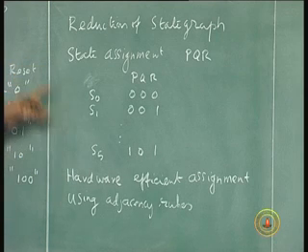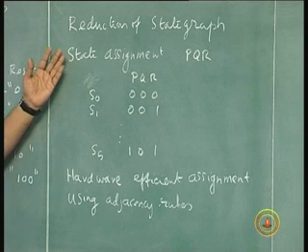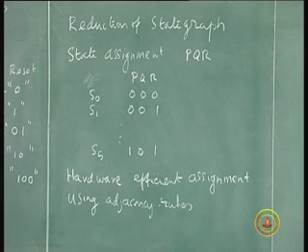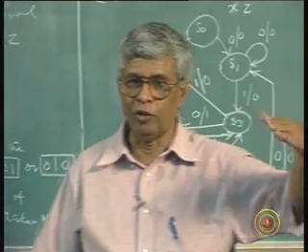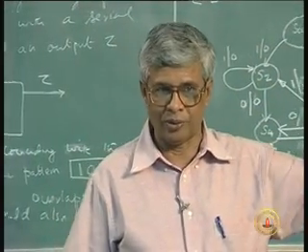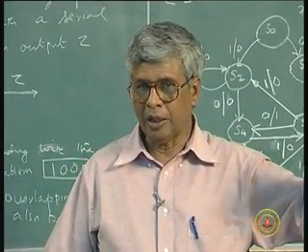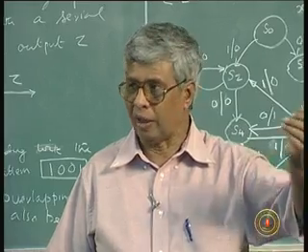This will reduce the hardware. This is very important because, for example, if from 9 states I am able to reduce to 8 states, it is a significant reduction, because instead of 4 flip flops I can use 3 flip flops. State reduction becomes more meaningful if I can reduce the number of flip flops.